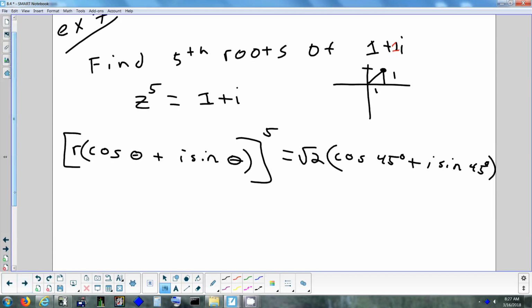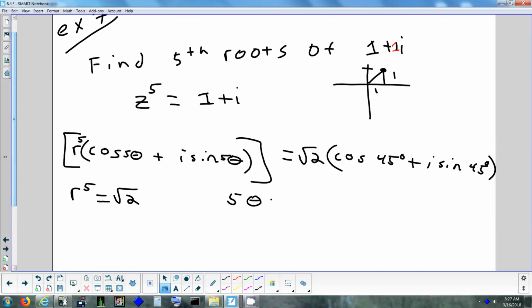So what I'm going to do, just to avoid rewriting it, is raise r to the 5th and multiply 5 by theta. If you want to rewrite it and don't do it that way, that's fine. It just saves me having to write the whole thing again. Now I can set up my two equations. Radius on the left equals radius on the right.